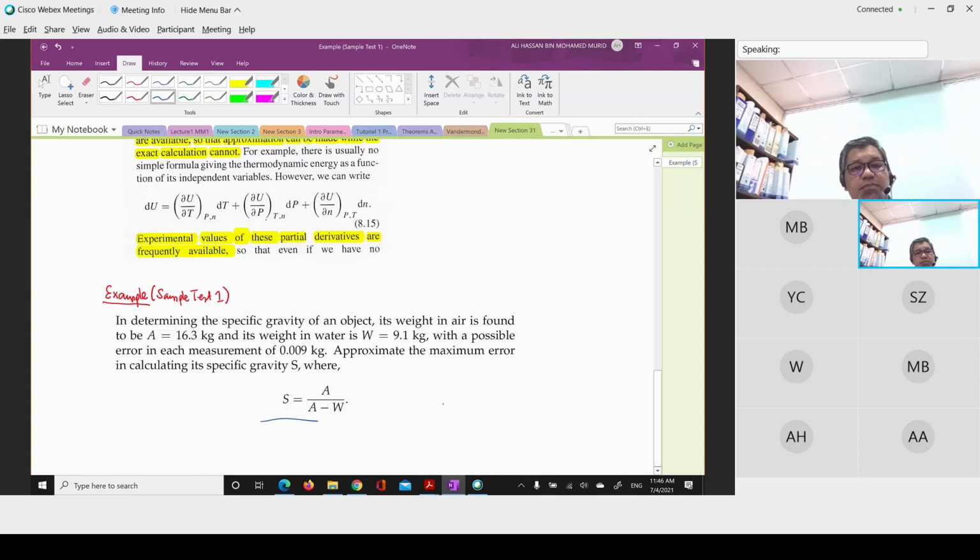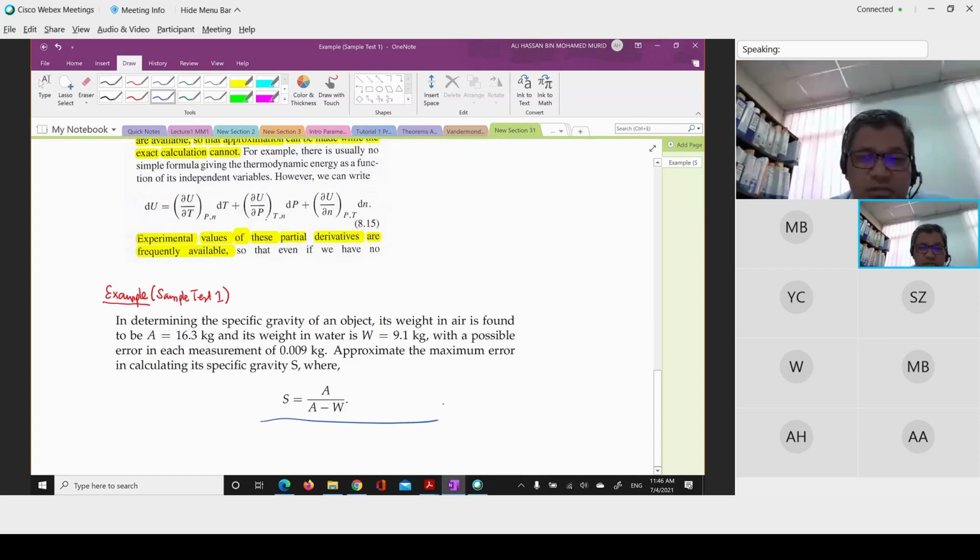In determining the specific gravity of an object, its weight in air is found to be A equal to 16.3 kilogram, and its weight in water is W equal to 9.1 kilogram, with a possible error in each measurement of 0.009 kilogram.